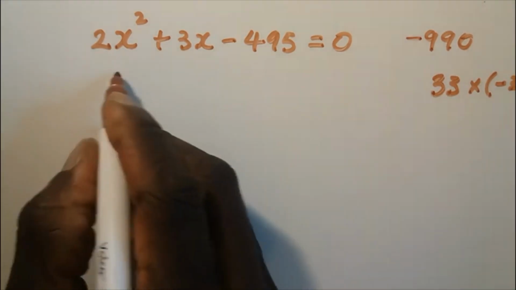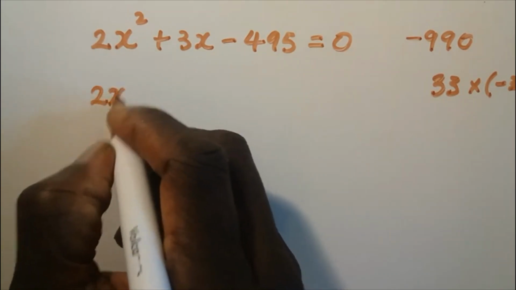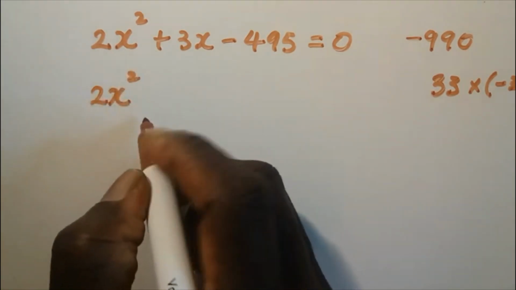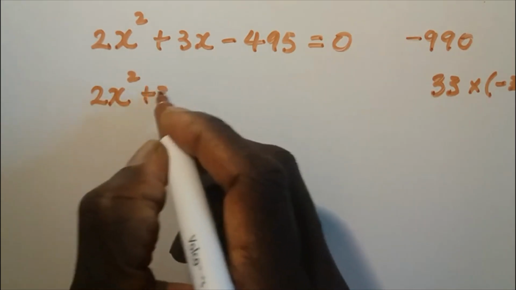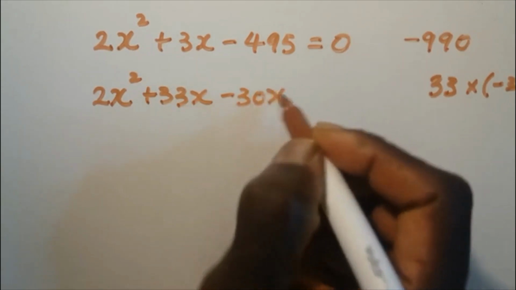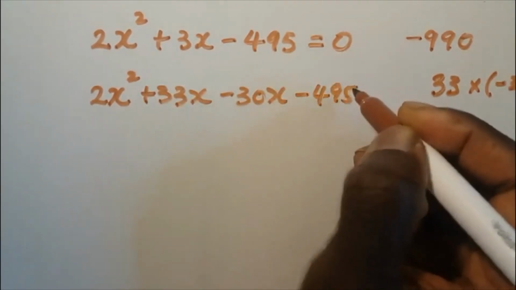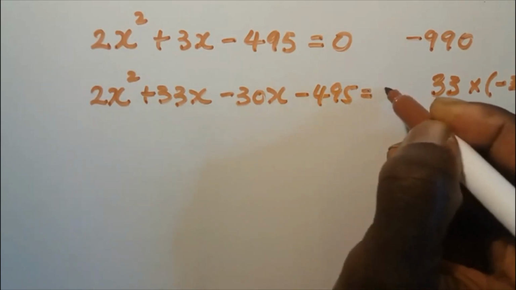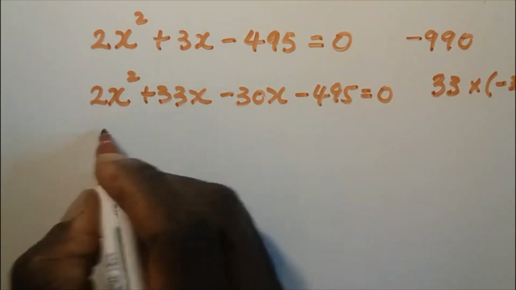So we rewrite this using those details. We split the 3x as 33x minus 30x. This is equivalent to 2x squared add 33x minus 30x minus 495 is equal to 0. We'll factorize these.